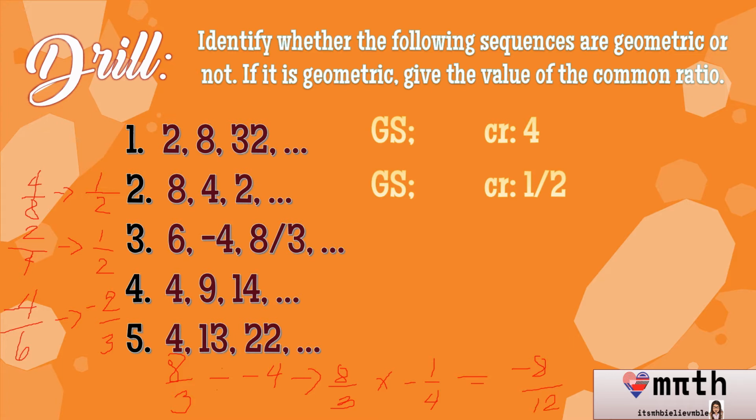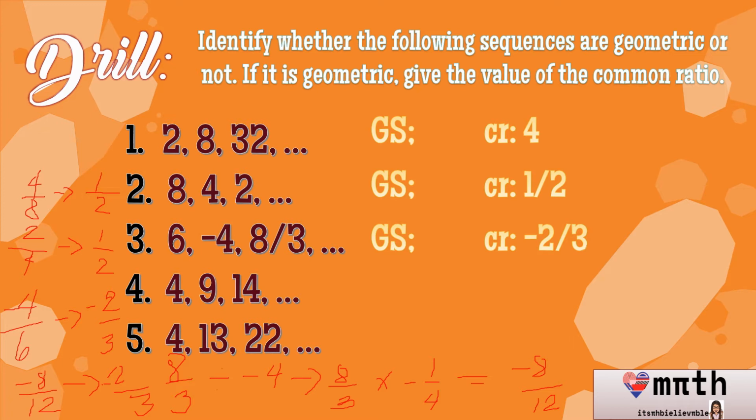And if we simplify negative 8 over 12, that would be negative 2 over 3. So, we have a common ratio which is negative 2 over 3, and we can say that the sequence in number 3 is a geometric sequence.